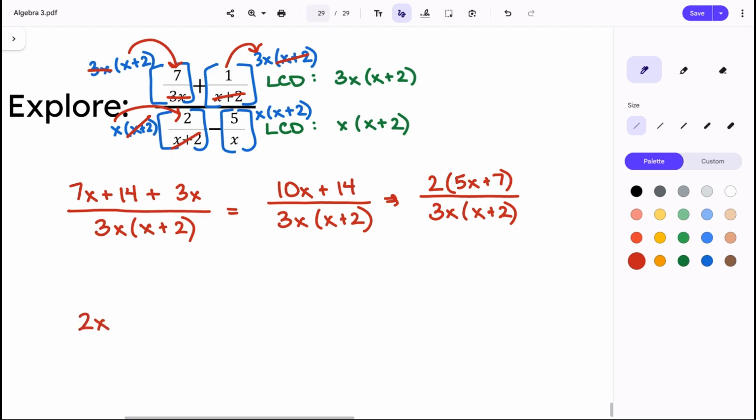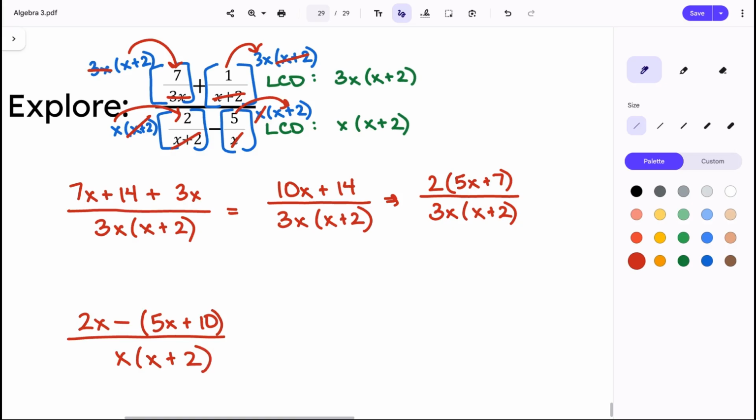And then there's a subtraction sign, so minus. On the other one, we're going to cross off the x's, and you're taking 5 times the x plus 2 quantity. So 5x plus 10. And I'm putting that in parentheses because there's a minus sign sitting in the front. That's going to have to impact both of them there. And then that is all over our LCD, which we said was x times x plus 2.